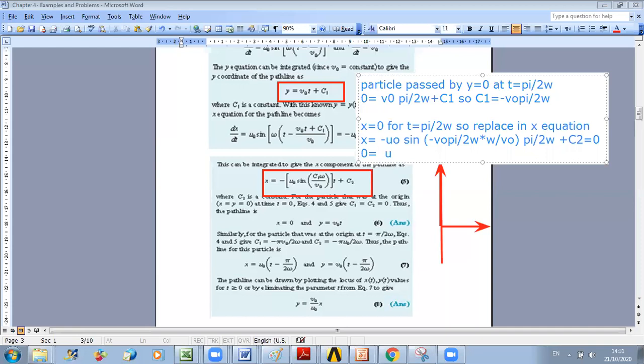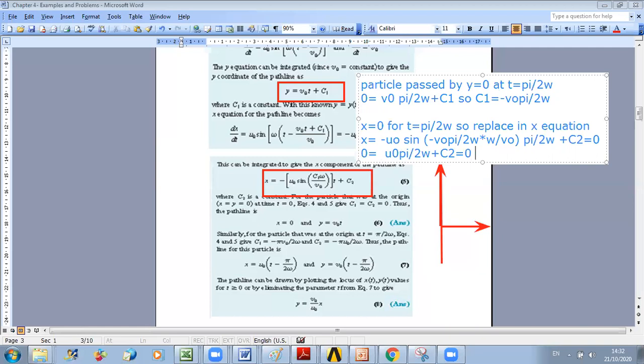So u0 times pi over 2 omega times pi over 2 omega, plus c2 equals 0.